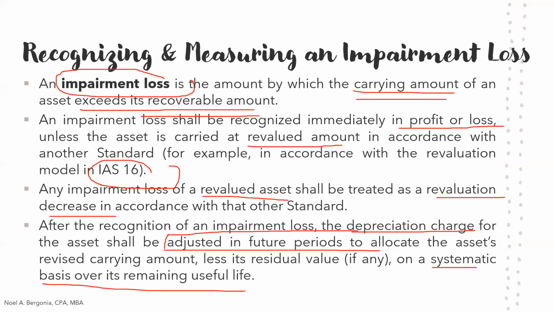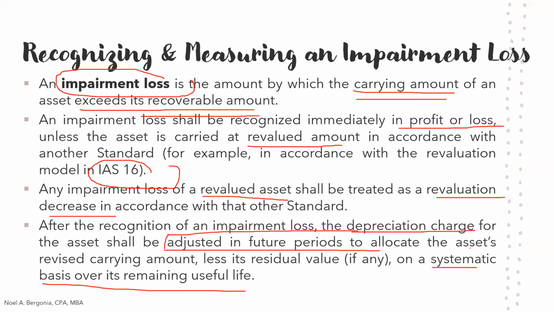So that's our recognition of impairment loss. So we will apply this in theory to our problems. If you do have questions, please let me know on our respective chat boxes. Let's start applying what we have discussed theoretically in our various examples.